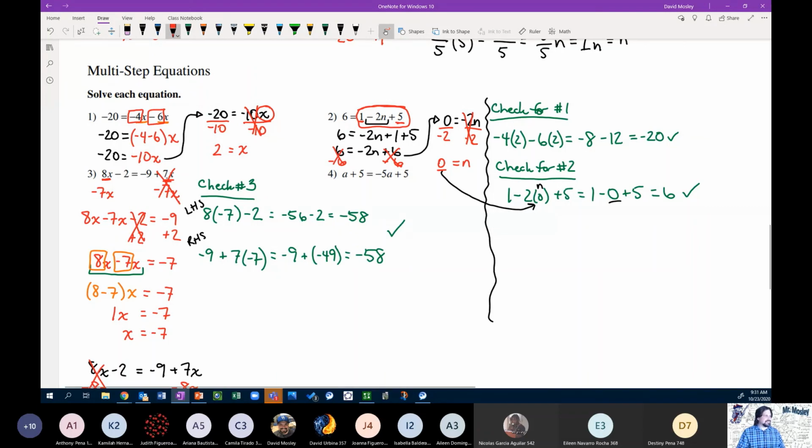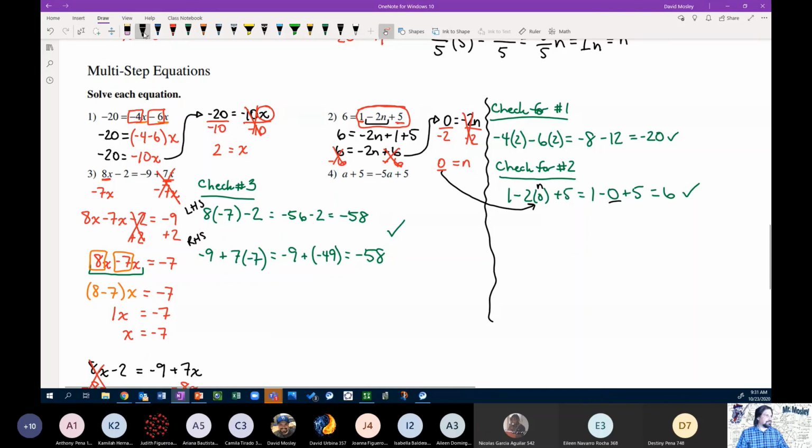Because 7 was smaller than 8, I knew I would end up with a positive x on the left-hand side by doing it that way, which results in a little bit less work. That's why I chose to do it that way. Both ways are correct. One just involves a few more steps. All right, hopefully that answered your question.